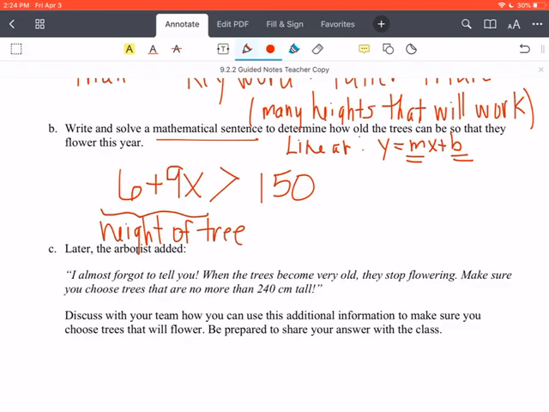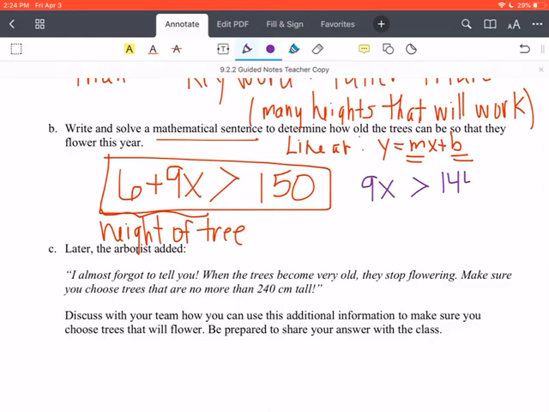Okay, so at this point, let's go ahead and solve it like we did on the front of the note sheet. To solve this inequality right here, we want to get x by itself, so we are going to subtract 6, so we have 9x is greater than 150 minus 6 is 144.